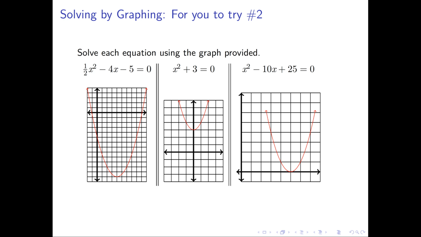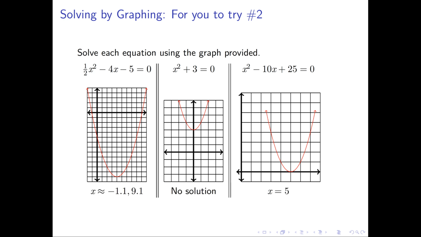Okay, so let's take a look at the first graph. In the first graph, you'll notice that the x-intercepts don't quite exactly meet at lattice points. So when that happens in your graphs, you may have to estimate what the zeros or the solutions are.